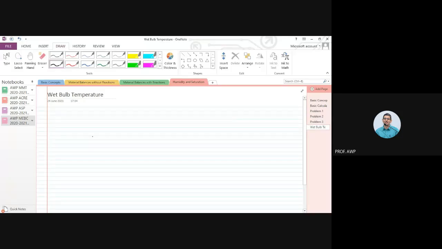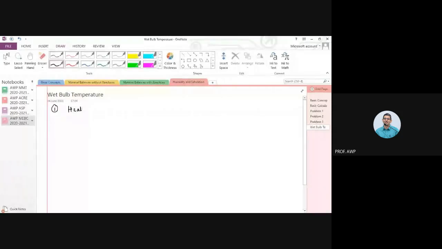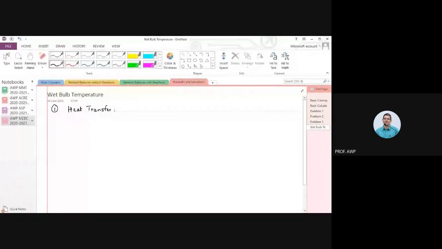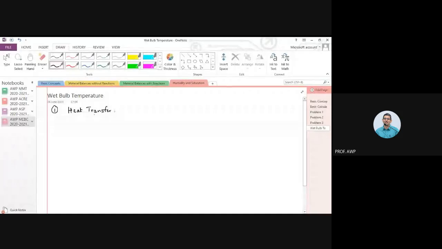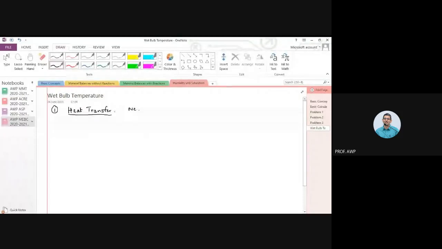All right. So we are going to talk about two concepts. First concept, we are going to talk about heat transfer. So maybe in 12th standard, 11th standard, or 10th standard, did you do an experiment called Newton's law of cooling?